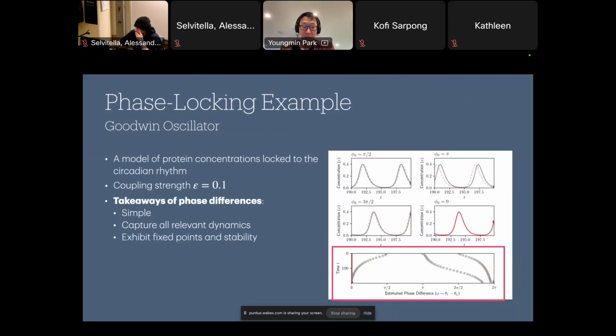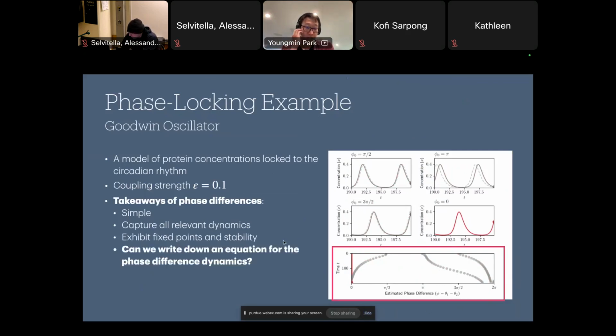And you can also see the fixed points and stability. It looks like antiphase here is unstable, so there's some kind of unstable fixed point, and synchrony is a stable fixed point. And we can see that the time traces bear that out in this plot down here.